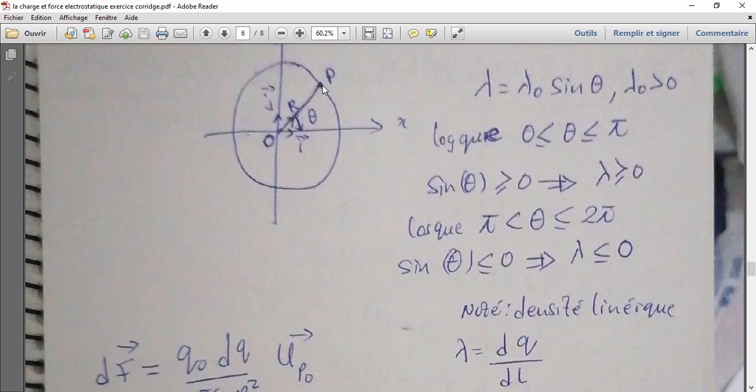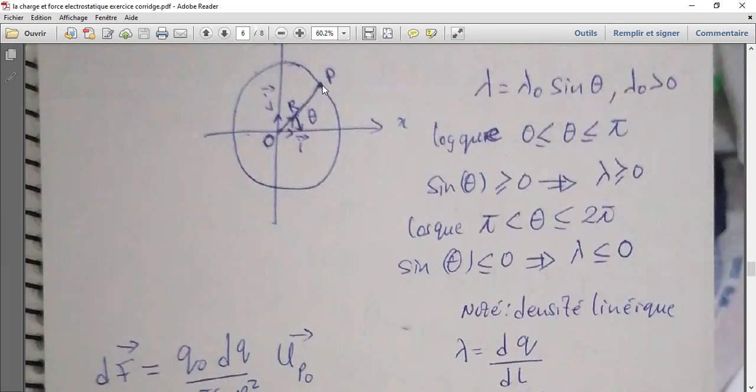There's a charge which receives and a charge which causes the force. So when you're calculating the force, you have to include both charges: the charge which receives the force and the charge which gives the force.